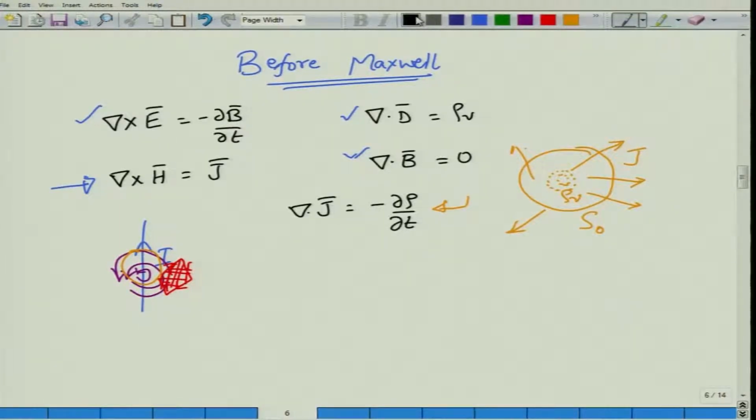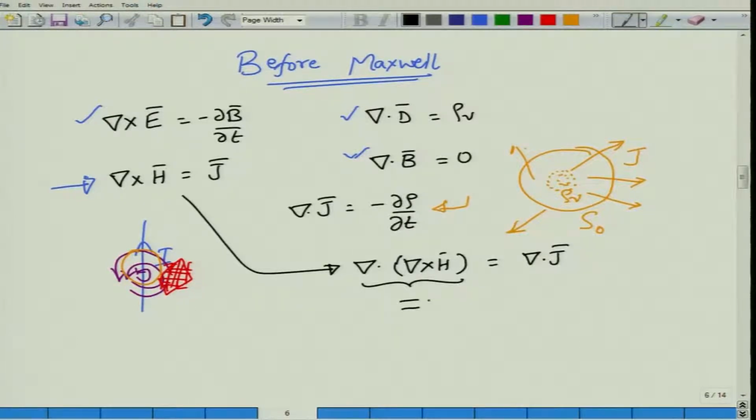What is that inconsistency? Let us take this Ampere's law and dot on both sides with the del operator. So we actually calculate del dot del cross H. Clearly the left hand quantity, you can show by writing it out in various coordinate systems, will always be equal to 0. Even when the H field is dependent on time, this quantity will always be equal to 0.